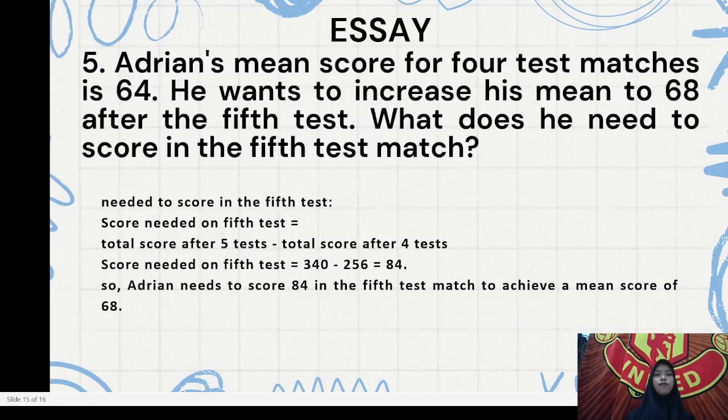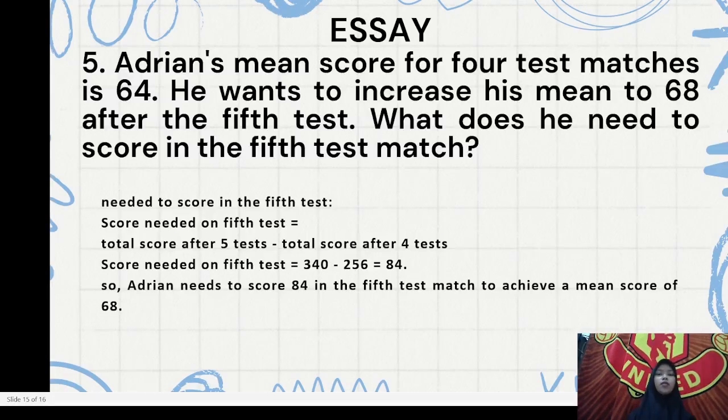Score needed in the fifth test is the total score after 5 tests minus the total score after 4 tests. Score needed in the fifth test is 340 minus 256, which is 84.